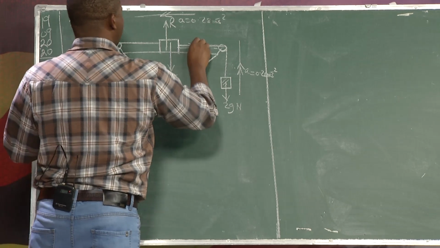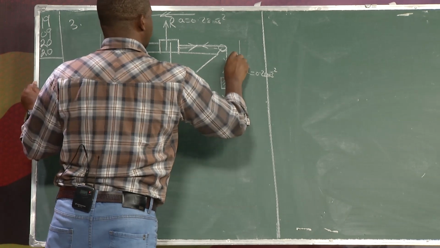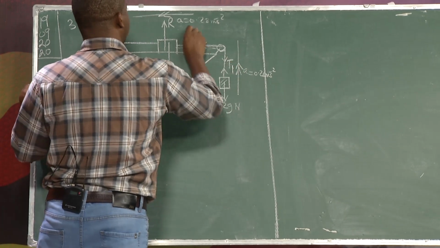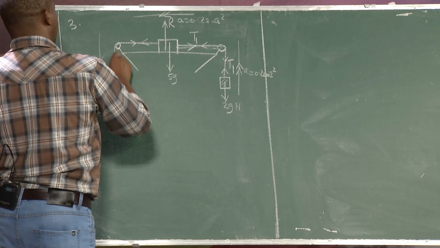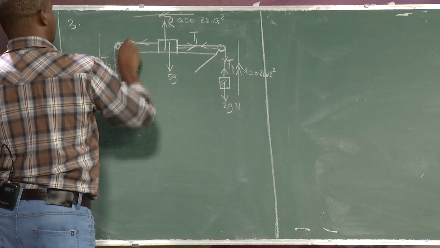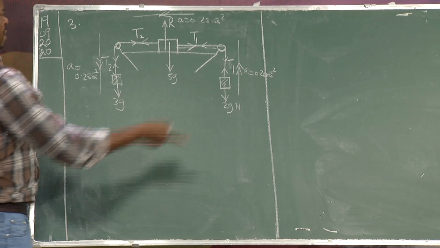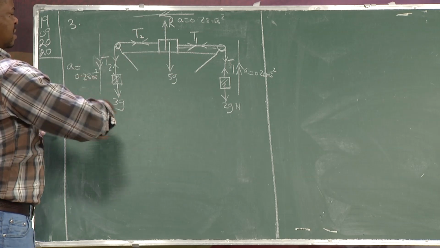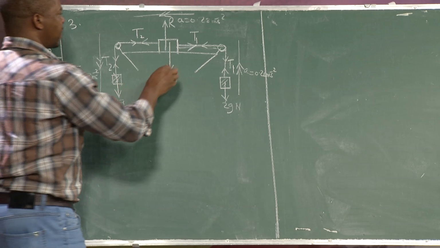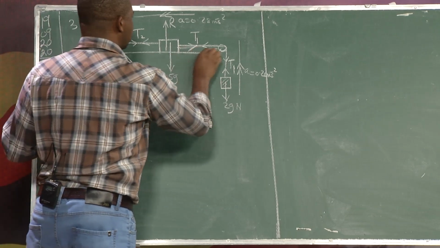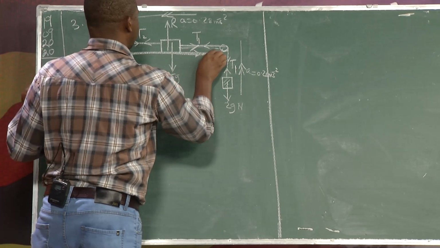Now these are strings. There are 2 strings. We shall let the tension here be T1 and the tension in this other part of the string be T2. There are 2 strings and therefore they have different tensions. Since the system is moving in an anti-clockwise direction, it means the frictional force is going to act here because the frictional force is on the table.